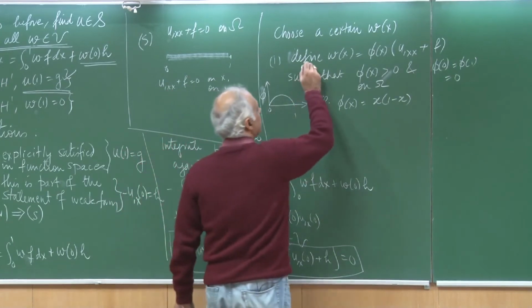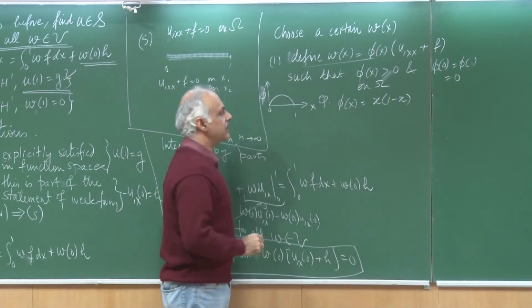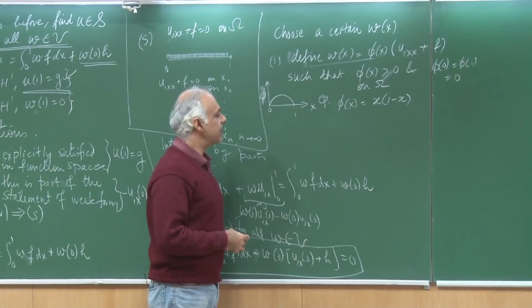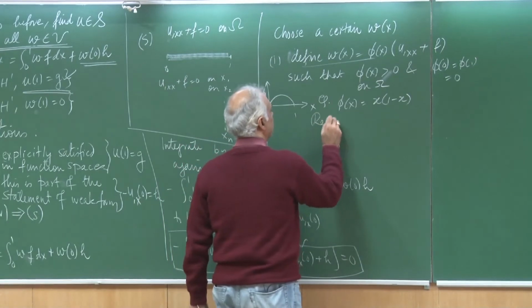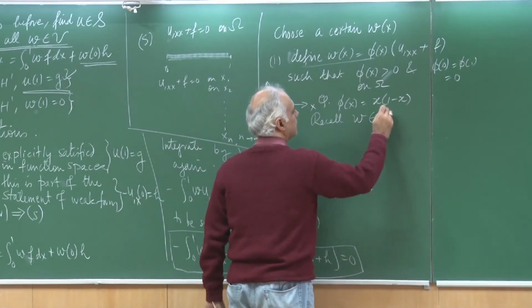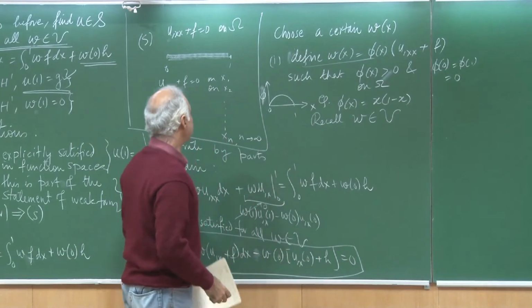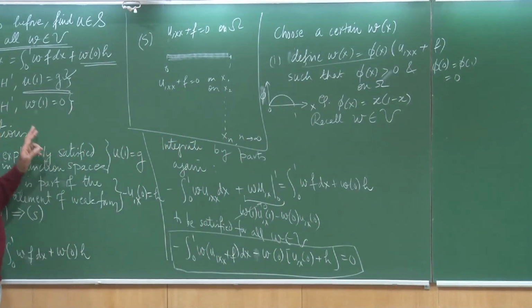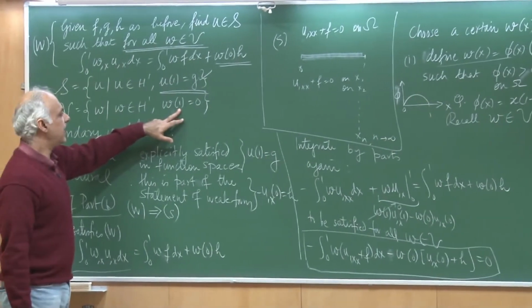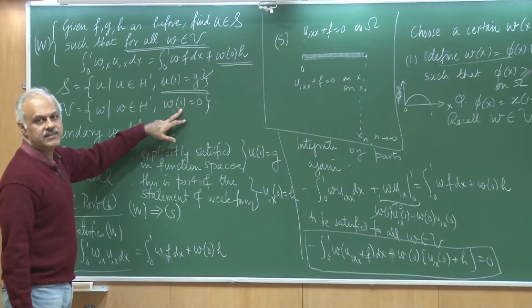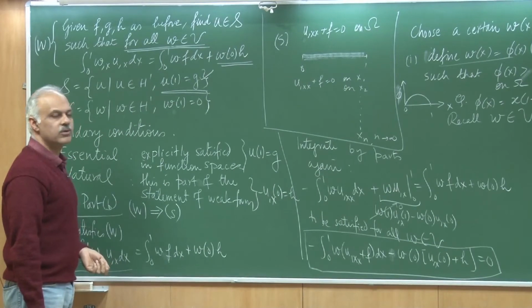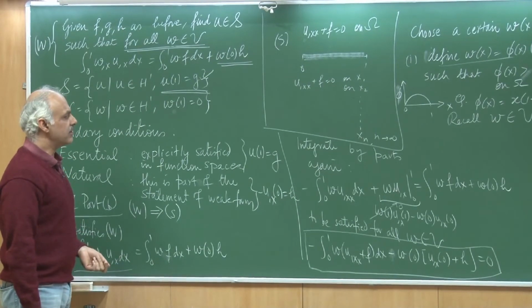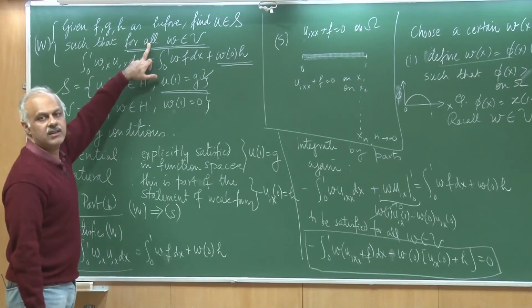So, I am going to choose this very special w, and please notice that it does not violate the condition that it should come from V. Recall that w belongs to V. So, I must satisfy these conditions, that w should be square integrable and that w at x equal to 1 is 0. So, I have chosen some additional constraints on w which I am free to choose, because really this statement holds for all w's.